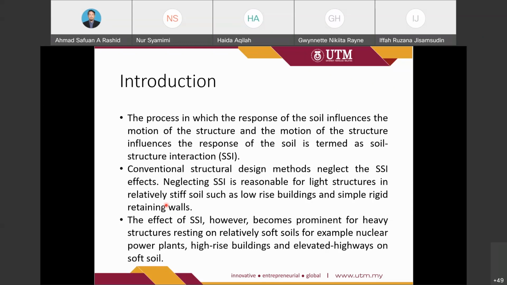The second thing is to improve the behavior of the structure, for example by applying a damper in the structure.